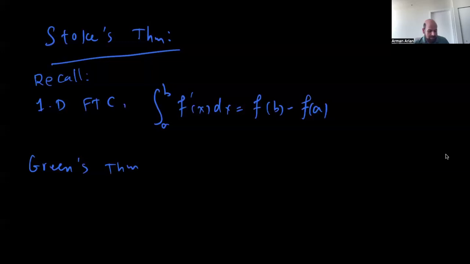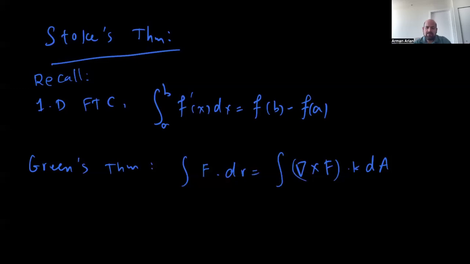And for Green's theorem, we saw that the integral of F dot dr is the same as the integral of curl of F dot k dA. So in that case, F was two-dimensional, and basically the normal vector to the surface, if our surface is the xy plane, would have been just a vector in the z direction, which we denote with k.